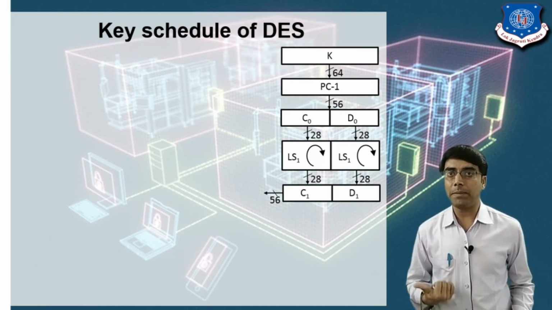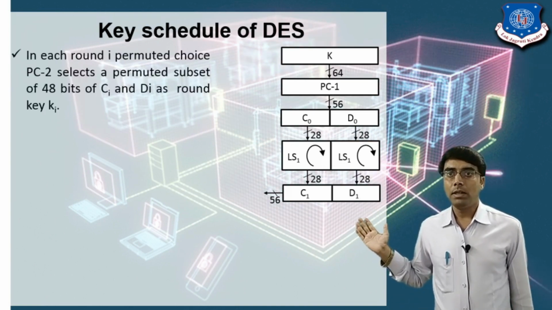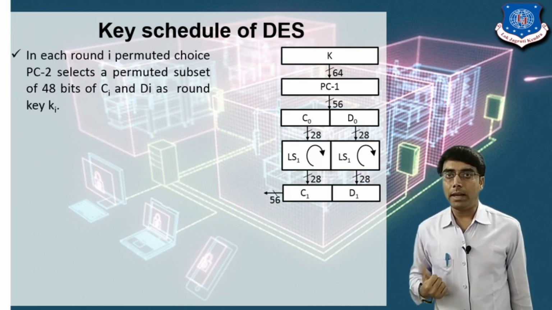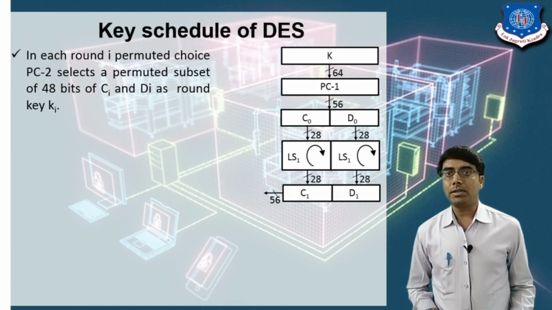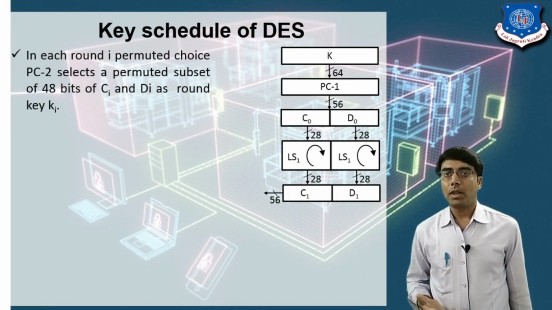Now we are applying the left shift, LS1 and LS2. After applying this, it generates C1 and D1.